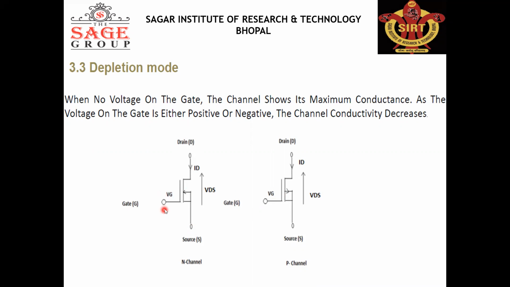At the gate terminal we can apply a positive or a negative field, and by applying it, the current between the source and drain can be controlled.